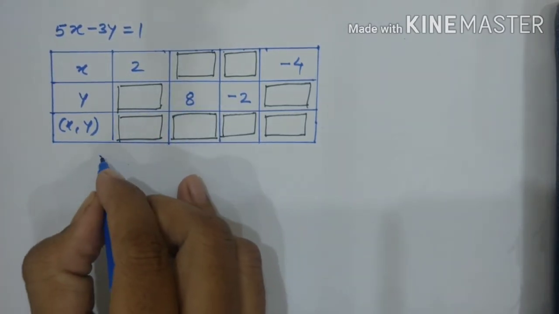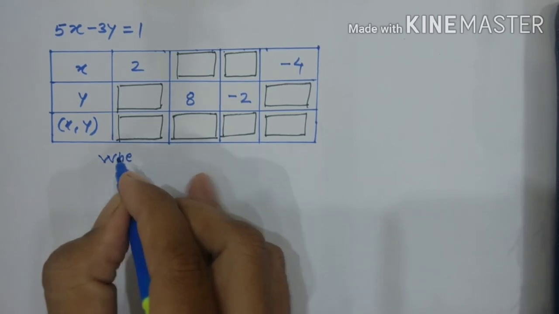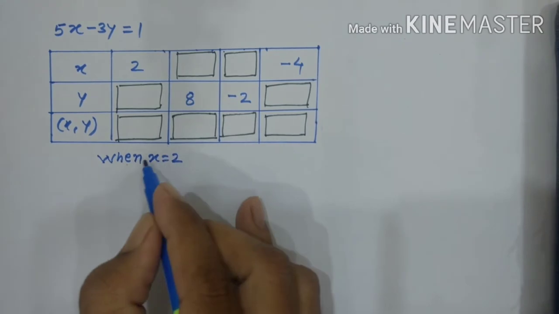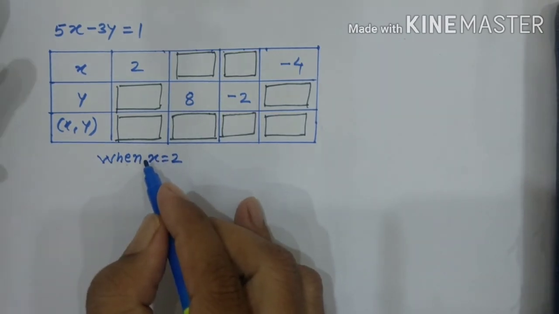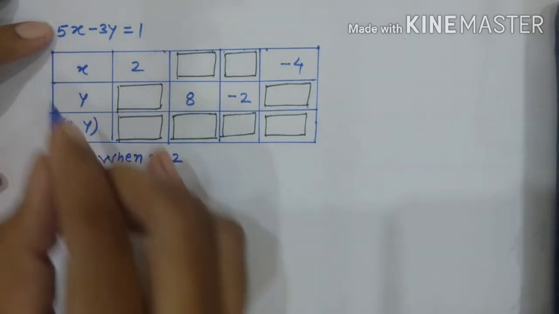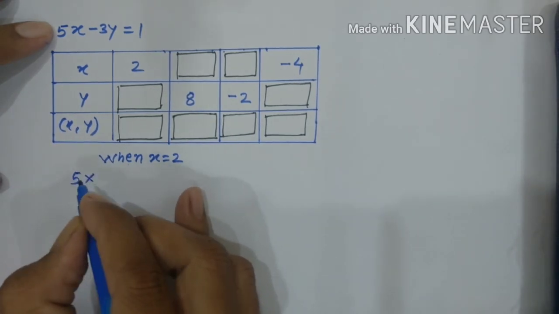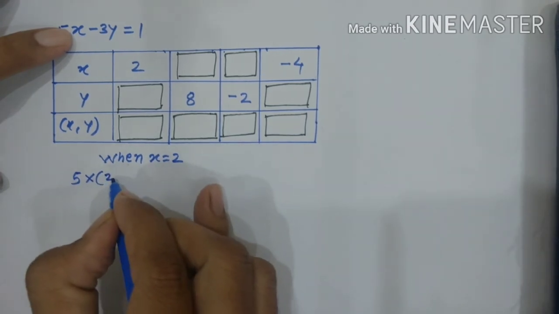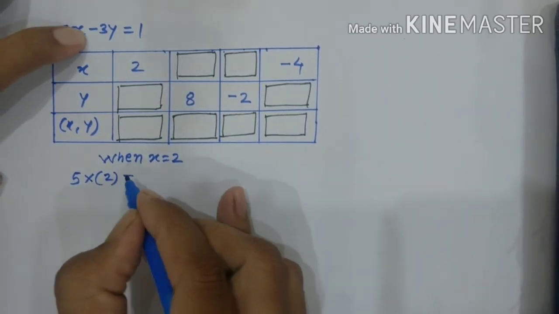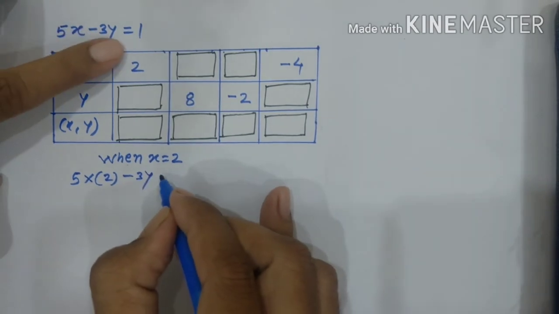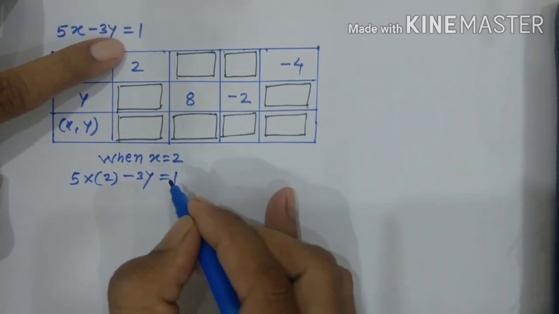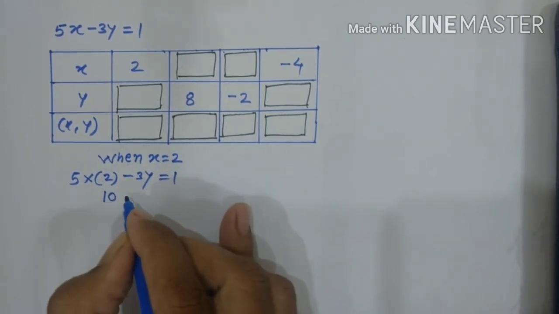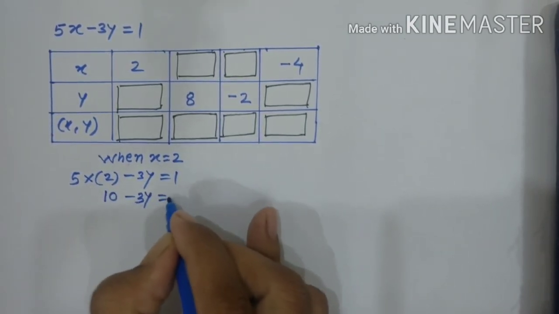So when x equal to 2, put this value of x in the given equation. Therefore the equation becomes 5 into x, the value of x is 2, so I put the value of x, minus 3y equal to 1. 5 times 2 is 10, minus 3y equal to 1.